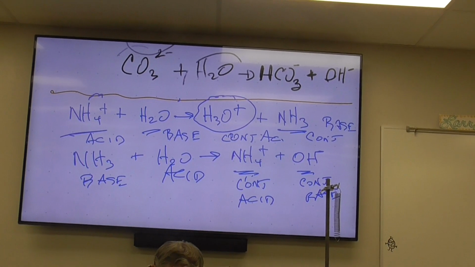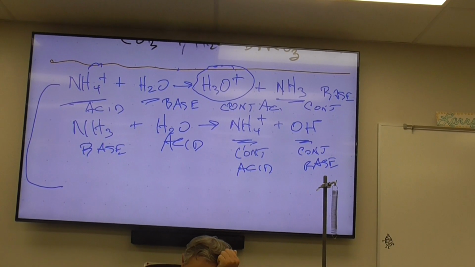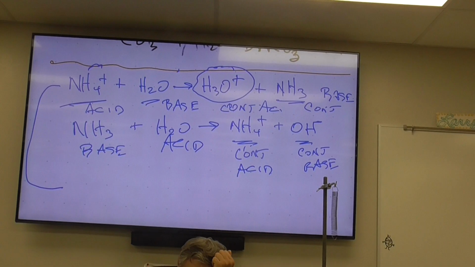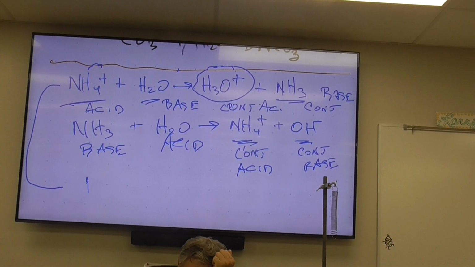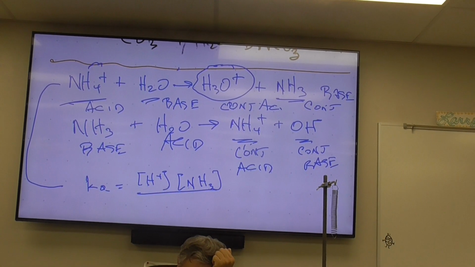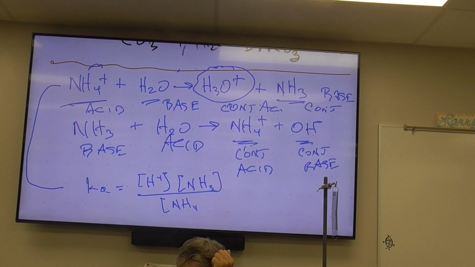Now, here's the story. If this is acting as an acid, this would be my Ka calculation, which would be my hydronium ion concentration times the concentration of my NH3 divided by the concentration of my NH4, okay?